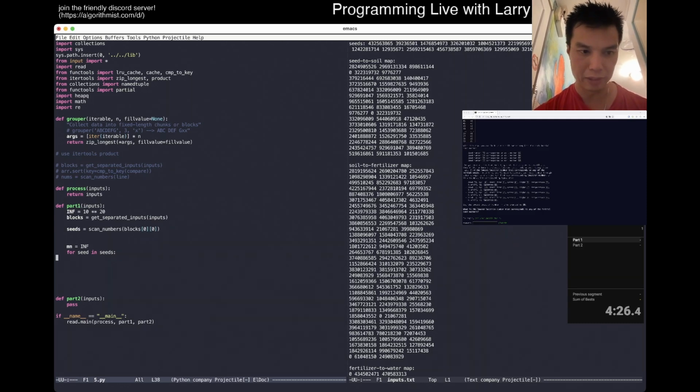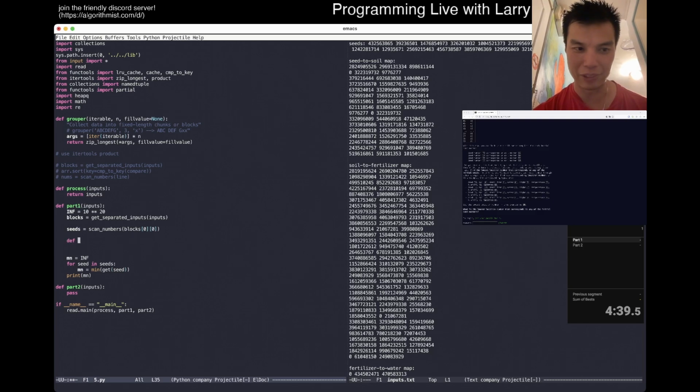Okay, and then now min is equal to min of get seed, and then we just print out min, maybe, right? And then now the order function.